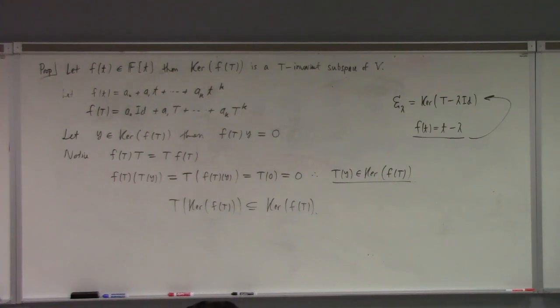But this proposition is more general than that. Anytime we define a subspace as the kernel of some polynomial in a linear transformation, good news, it's an invariant subspace of that transformation. We'll use this again. It's not just going to apply to eigenspaces, it's going to apply to generalized eigenspaces soon when we get to those.